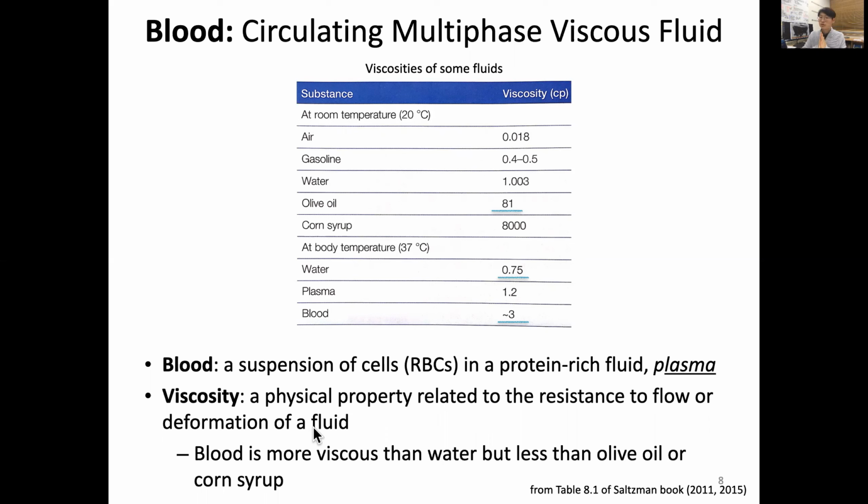You can define it by imagining a layer of fluid with a plate on top and a wall below; when you pull the plate, how easily you can pull it is related to the viscosity. More detail will be covered in fluid mechanics. So blood is more viscous than water, but less viscous than olive oil or corn syrup.